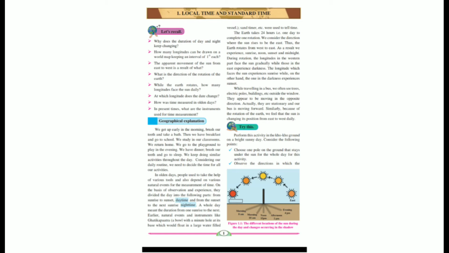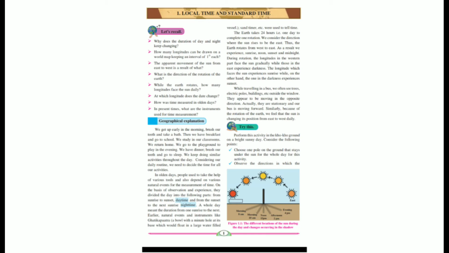Earlier, natural events and instruments like the Ghatika Patra were used: a bowl with a minute hole at its base which would float in a large water-filled vessel. It is one kind of instrument that they used in olden days for measuring time.